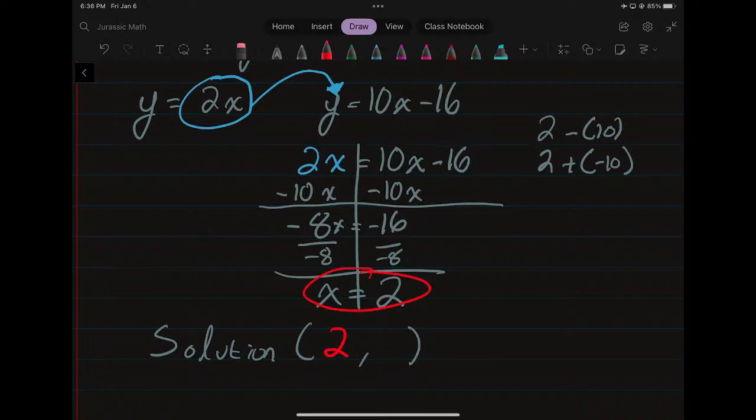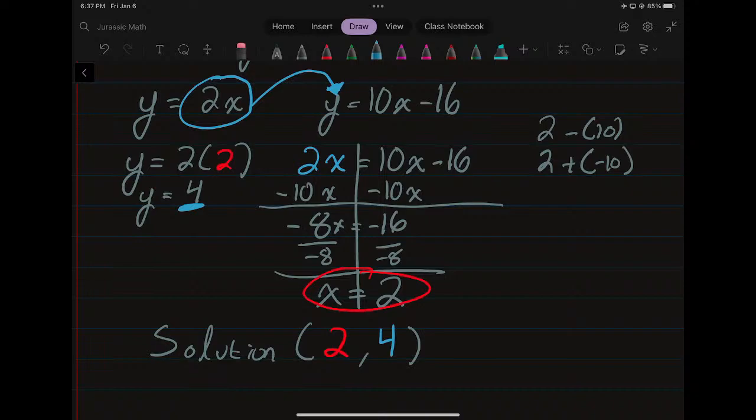In order to find y, all we're going to do is plug that 2 back into that circle. So y equals 2 parentheses 2. Y equals 2 times 2, 4. And there we go. That was a level 1 substitution problem.